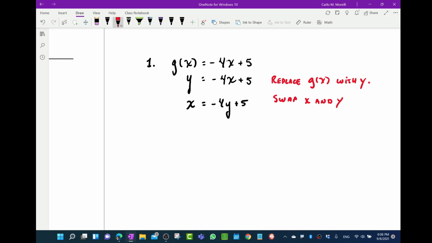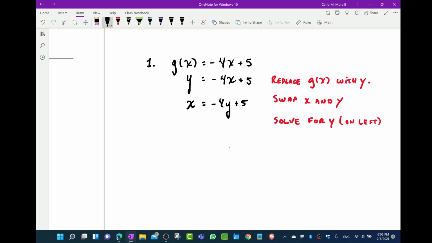Okay, now the final step, solve for y. And then I like to put it on the left, okay? We want it to say y equals. So you want the y to end up on the left side of the equal sign.